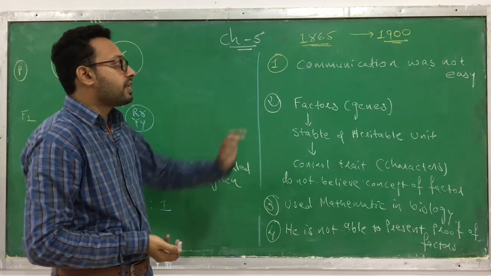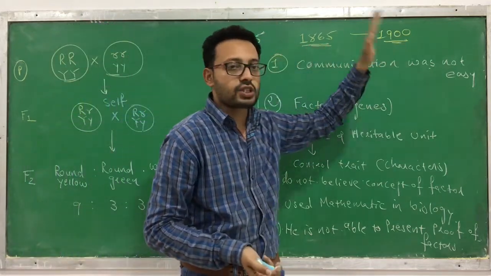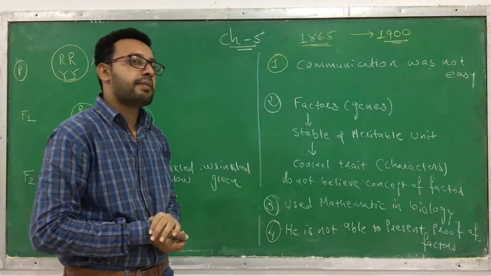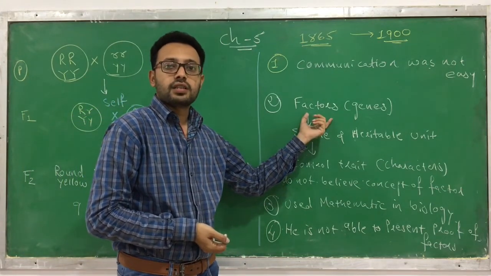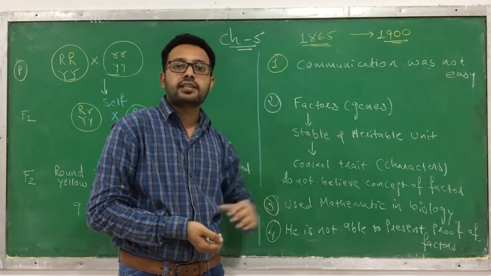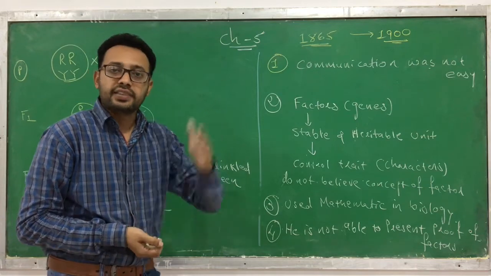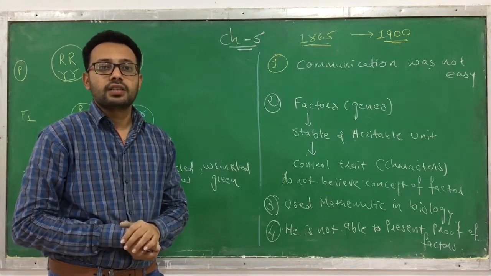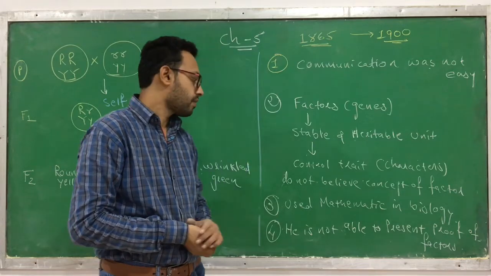So why did Mendel's work remain unrecognized? Because communication was not easy at the time when Mendel made his discovery. Mendel discovered the factors, which he called a stable and heritable unit transferred from a parent to the next generations, controlling the different characteristics. This theory was not accepted by his colleagues and the scientists.